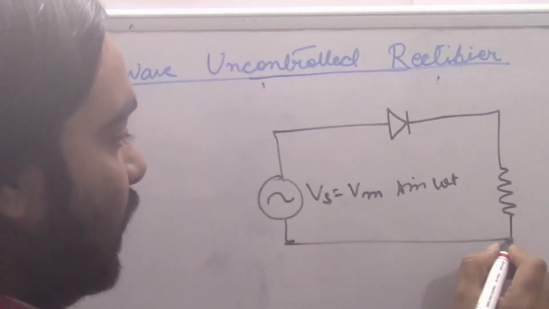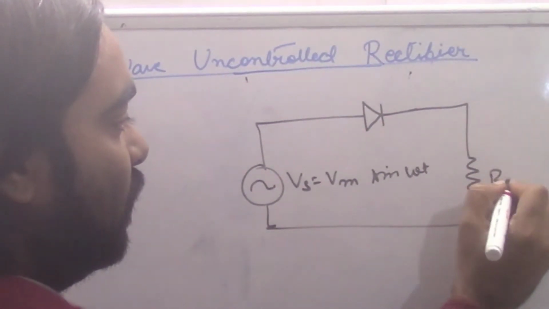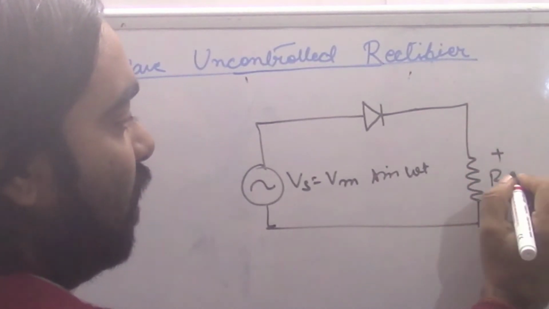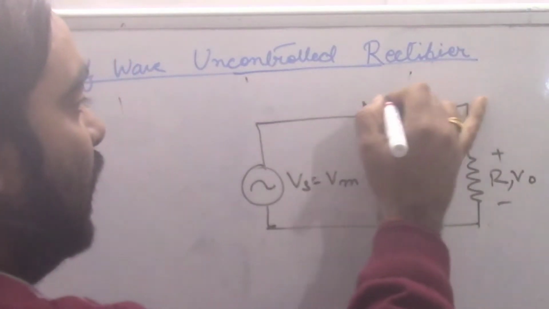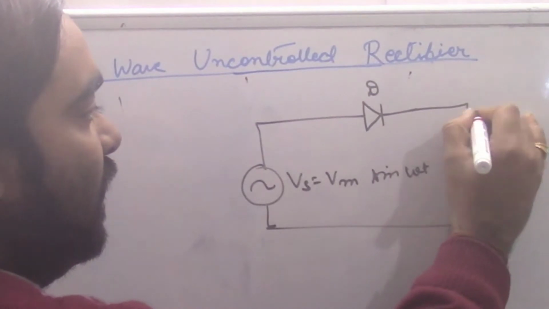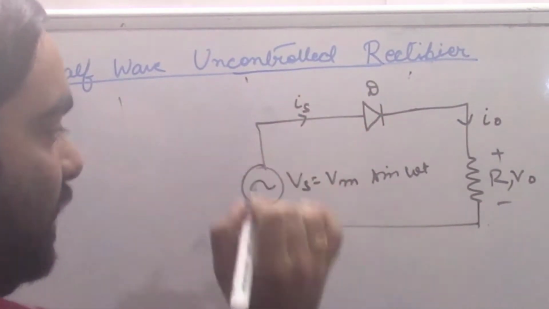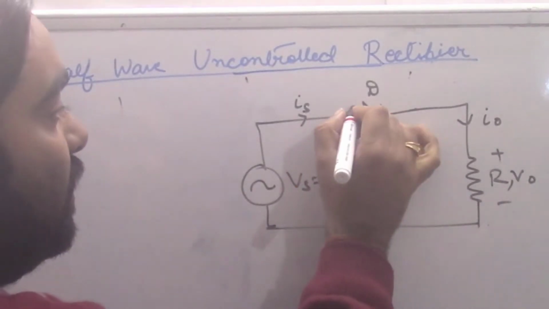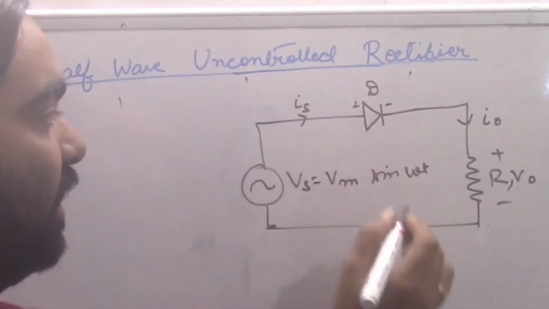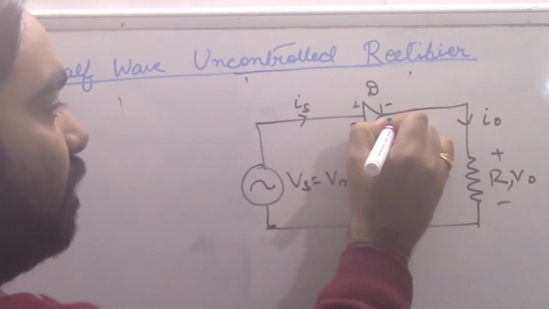The output voltage is V0, the diode is D, the load current is I0 and the input current is Is. This is the polarity, positive and negative for P and N type.